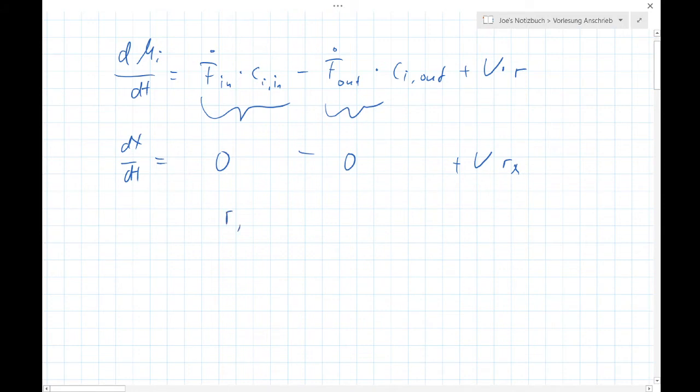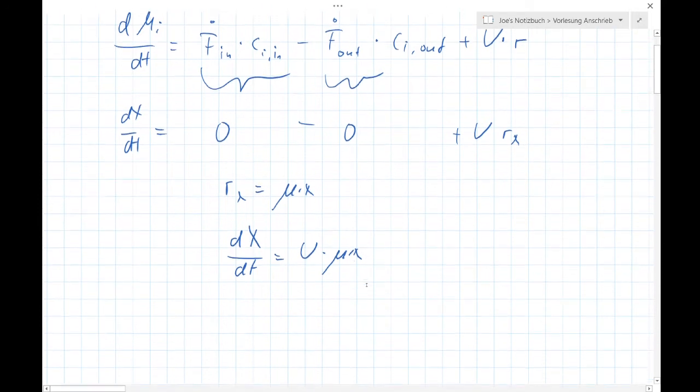And as we know, the rate of production of the biomass is mu times X. So, putting this inside, we have dX, a large X, dt is equal to V times mu X.